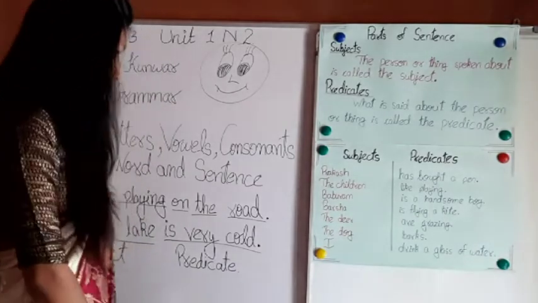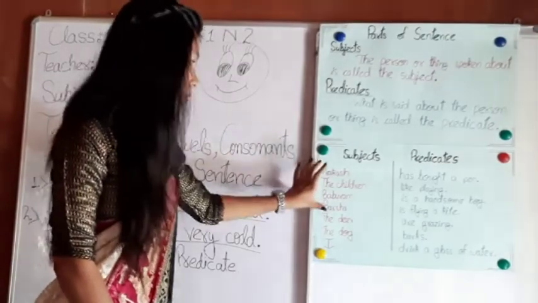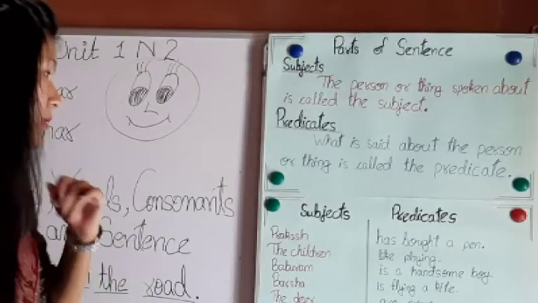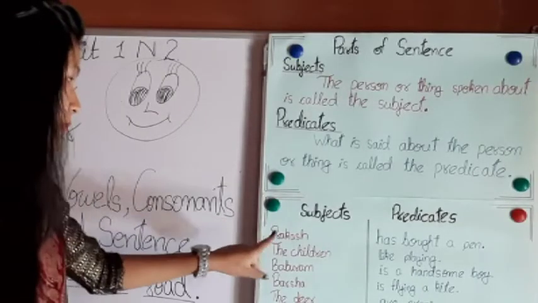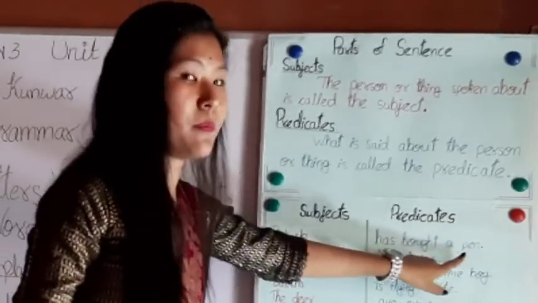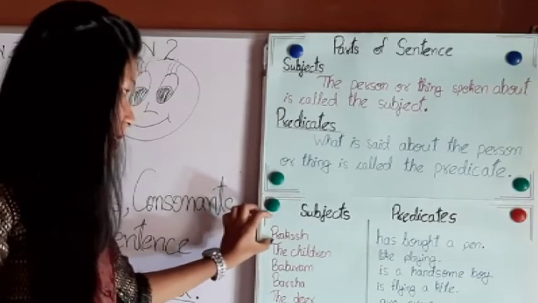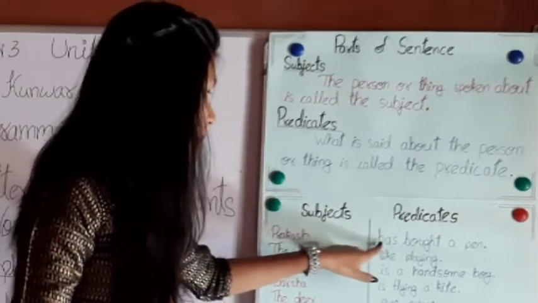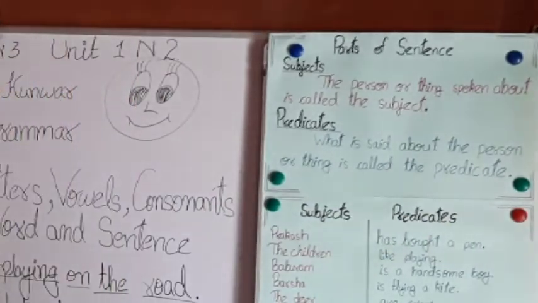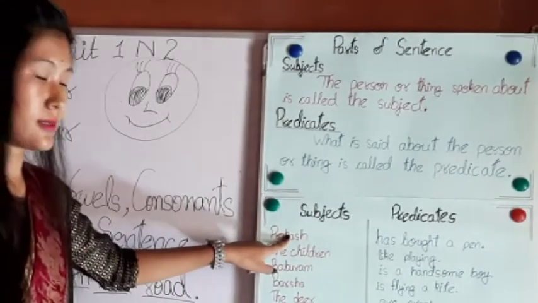Here in the chart I have written many examples. So let's start. The first one is: Prakash has bought a pen. Prakash is the subject and has bought a pen is the predicate, because in this sentence we are talking about Prakash.